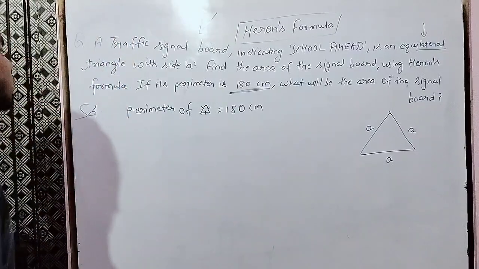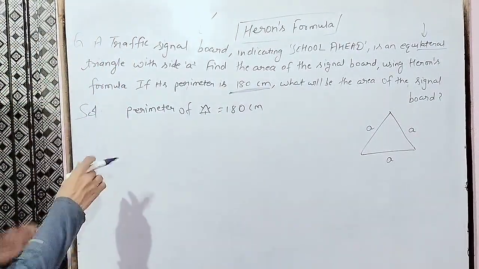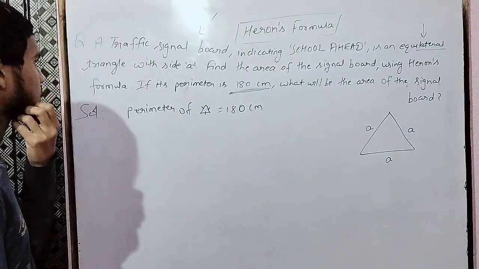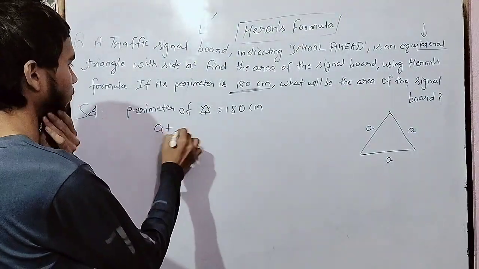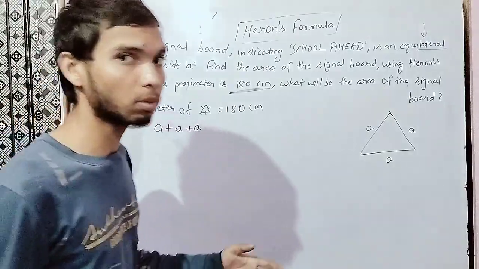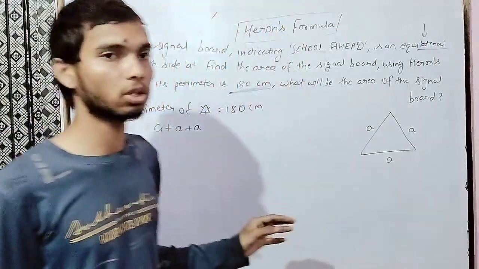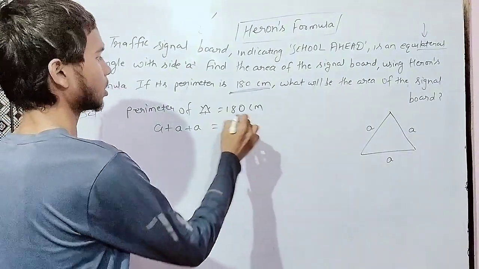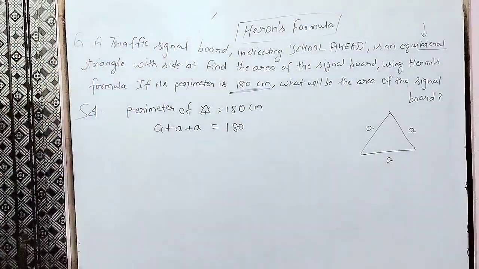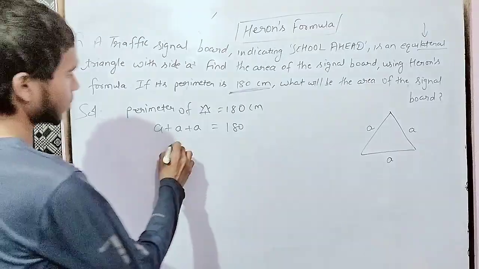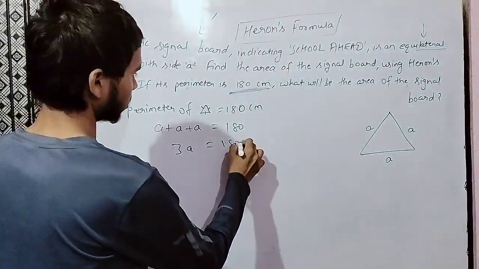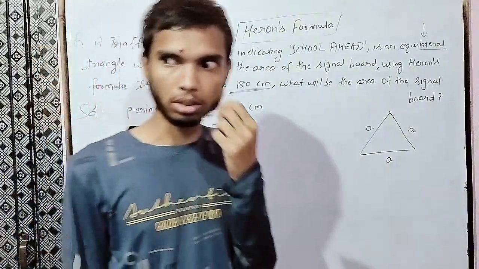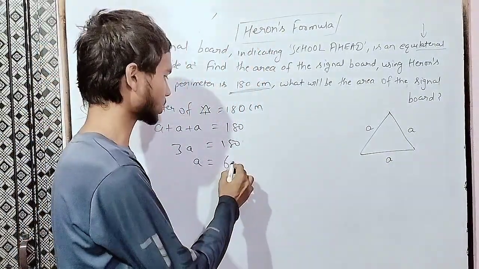Now, perimeter. To find the semi-perimeter, first of all, we don't know each measure of the sides of the equilateral triangle. So we will do this. This will become 3 6, 18, so it will be 16.